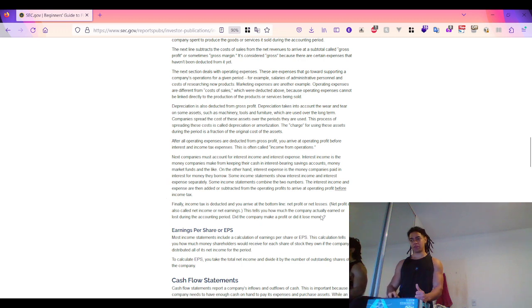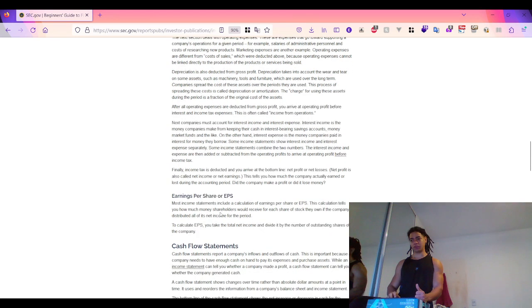Yeah, this is hypothetical, right? Earning per share. This calculation tells you how much money the shareholders will receive for each share of stock if the company distributes all of its net income for the period.